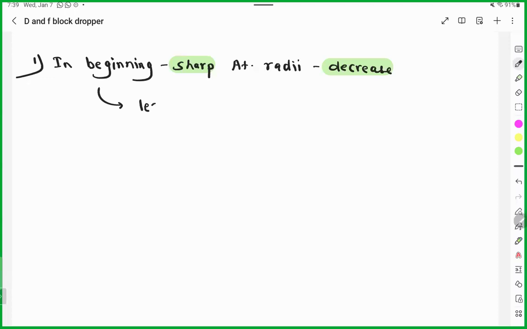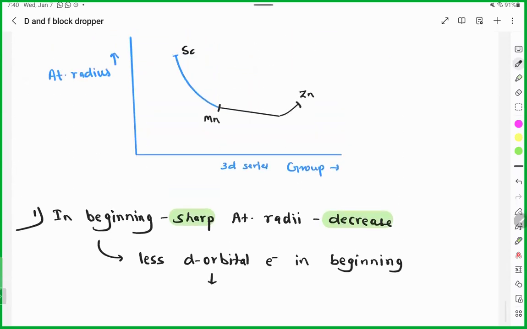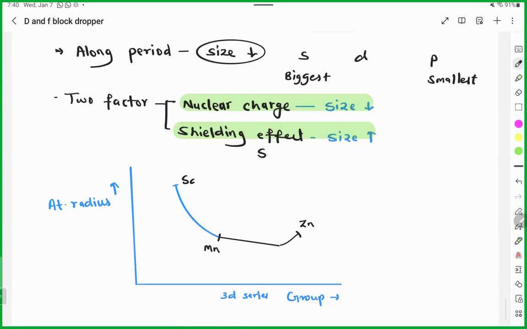We have fewer d orbital electrons in the beginning, and when you have a smaller number of d orbital electrons, there is not much shielding. Like in the beginning, if you have few people, they cannot shield properly. I will write in short form, shielding effect SE and nuclear charge NC.